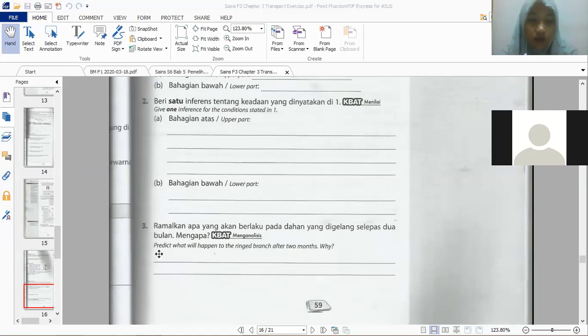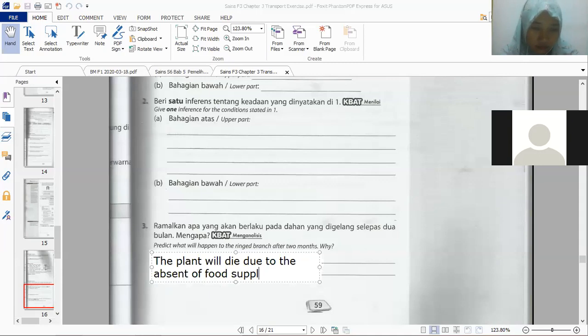Here you kata, okay, the plant. Okay. So you kena cakap macam ni saja.